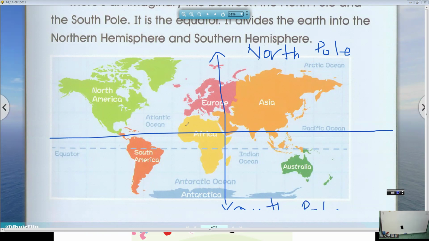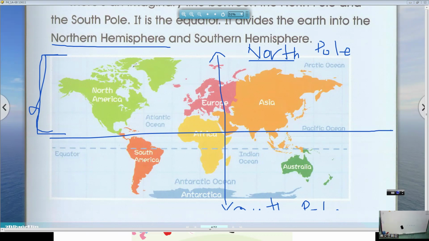So this upper part, if it's north part, what do you call it? Northern hemisphere.